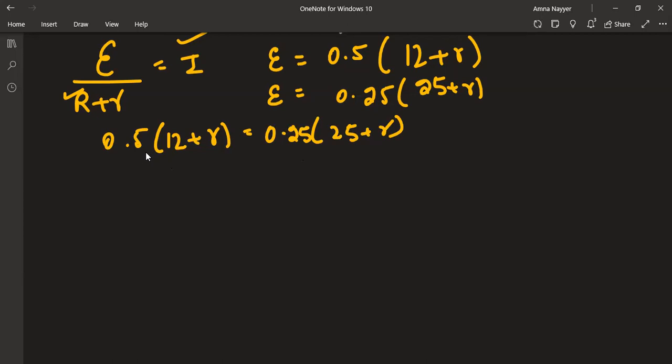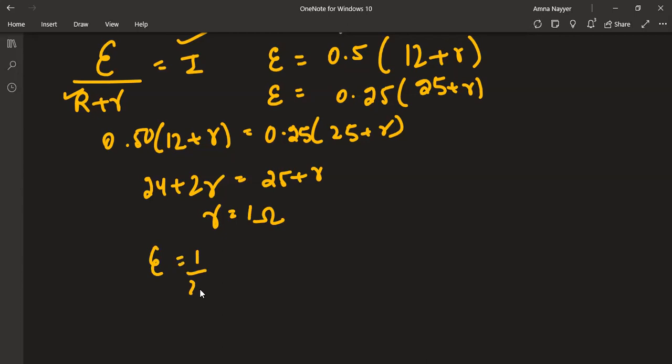Equate both these equations. So from here 50 and 2, 24 plus 2r is equal to 25 plus r. So r will be 1 ohm.